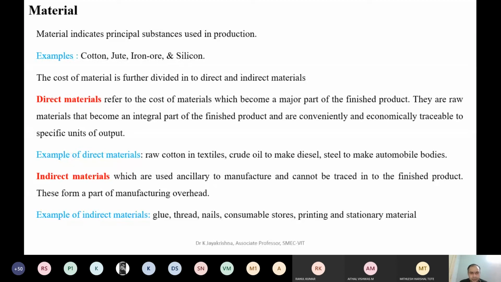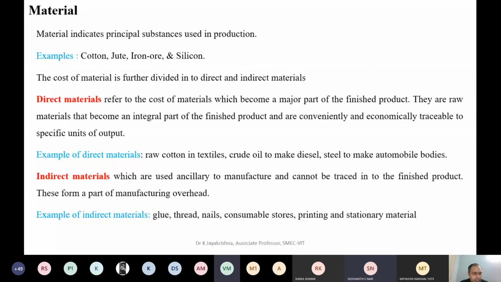Can anyone give me an example of direct material cost and indirect material cost? For direct material cost, it can be the sponges that are used for making a cushion.